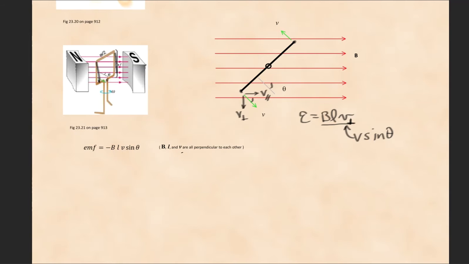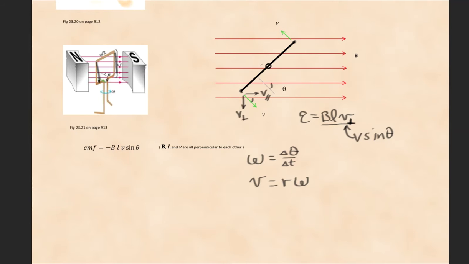Now, if we take this relationship and we remember what we've learned in Physics 111 with rotational motion, with things rotating, I have an angular velocity omega, which is the change in angle with respect to time, and the linear or translational velocity of a particular point on a rotating object is going to be r times omega, where r is the radius or the distance from the center of rotation.